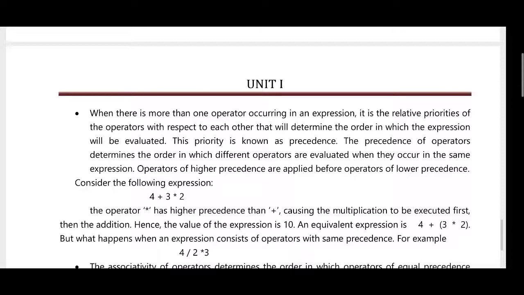This priority is known as precedence. The precedence of operators determines the order in which different operators are evaluated when they occur in the same expression. Operators of higher precedence are applied before operators of lower precedence. Consider the following expressions.